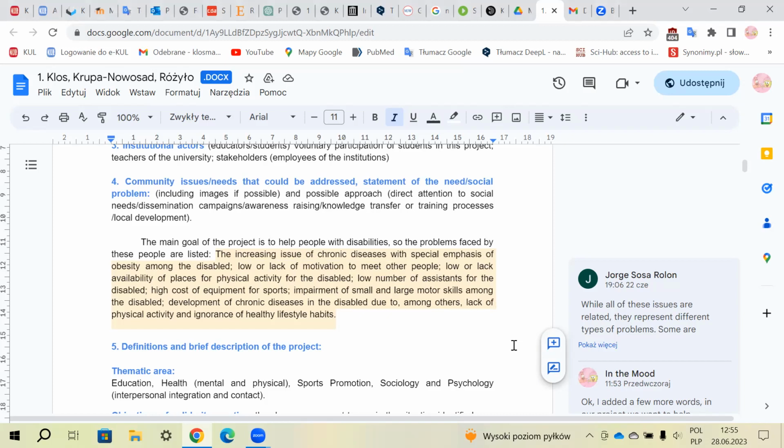Probably our students could be assistants for the disabled after this project. There is also the high cost of equipment for sports, impairment of small and large motor skills among the disabled, and development of chronic diseases in the disabled due to, among others, a lack of physical activity and ignorance of healthy lifestyle habits. So we are just increasing the quality of their life, including healthy lifestyle habits.